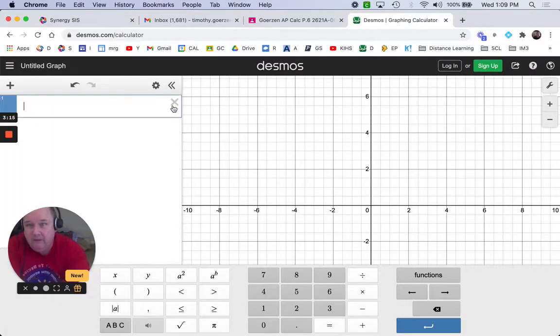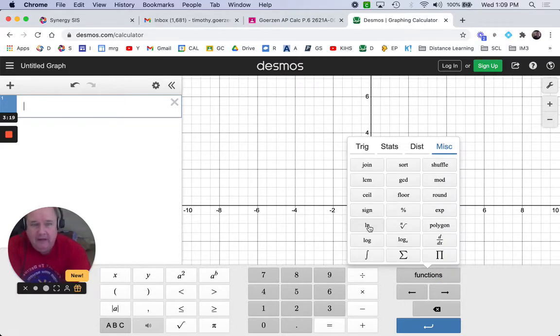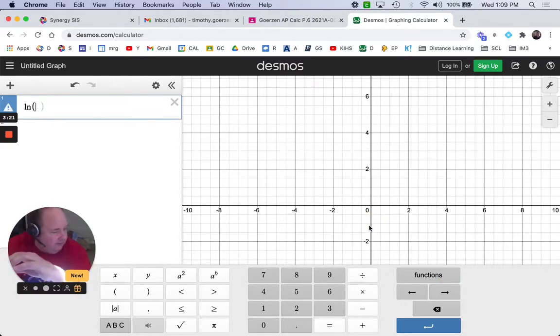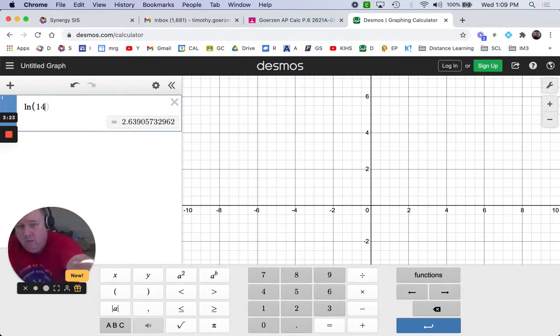Again, if you go to Functions, you can see ln right there. So go ln and then 140. And you have 4.941.